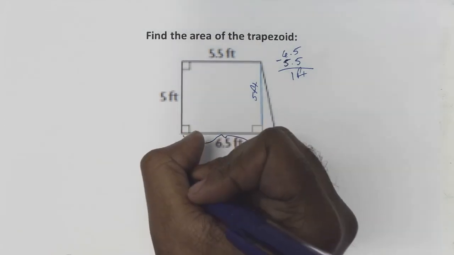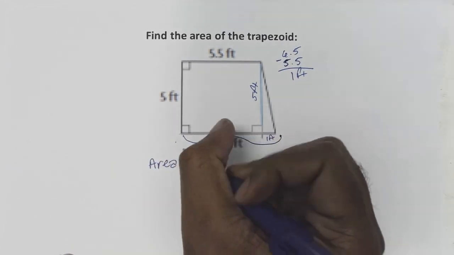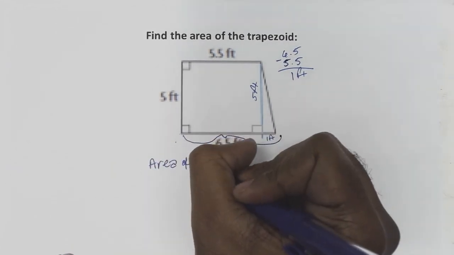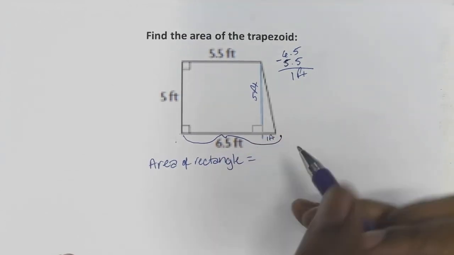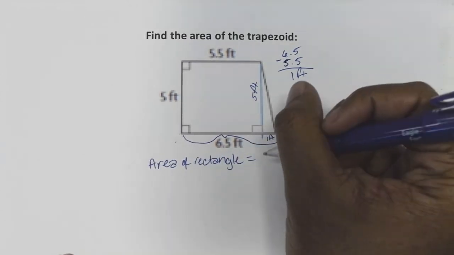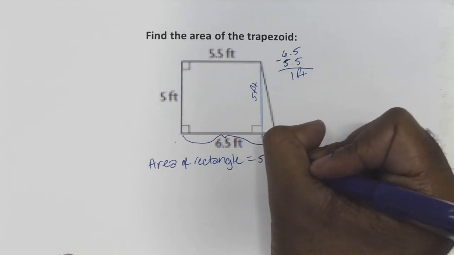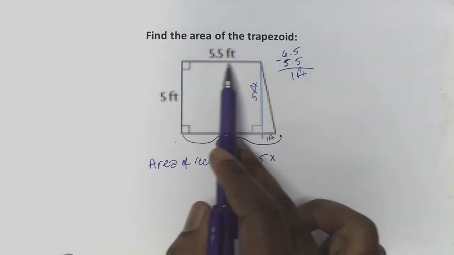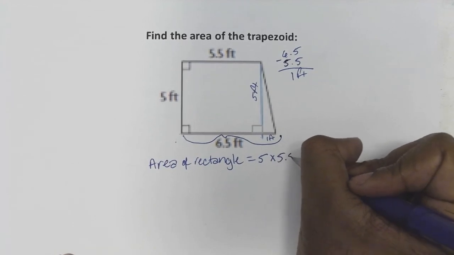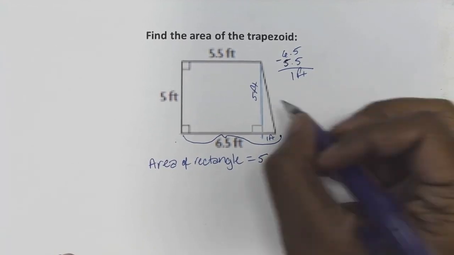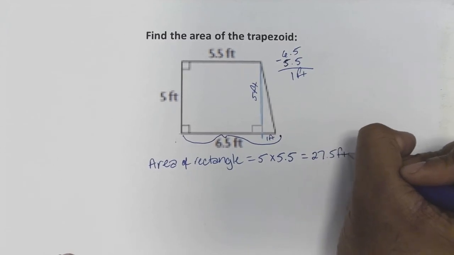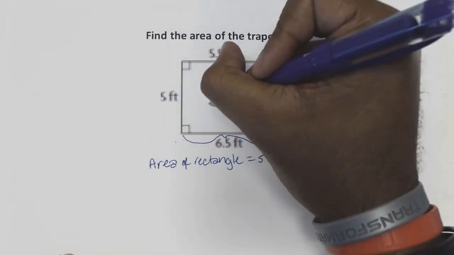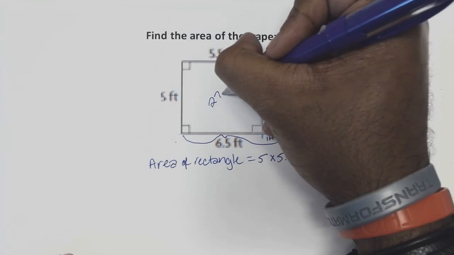So I'm going to start off with the area of the rectangle. Based off my information, I know that I'm going to take 5 times 5.5, and that's going to give me an area of the rectangle of 27.5 feet squared, or square feet.